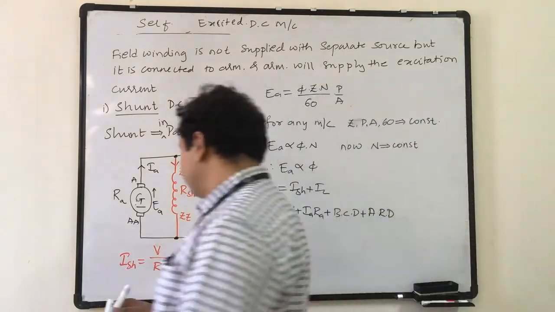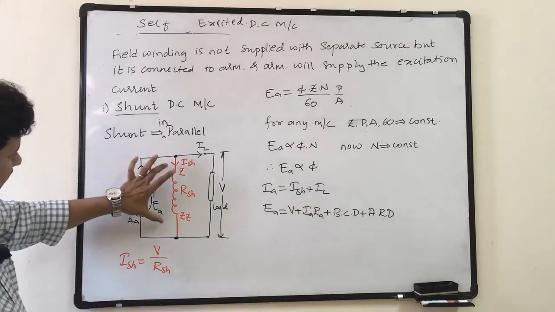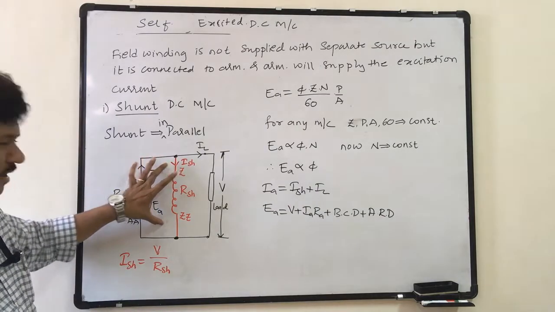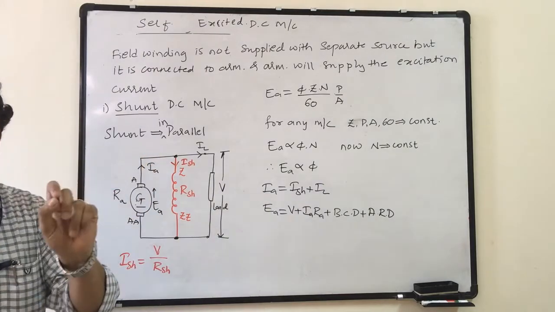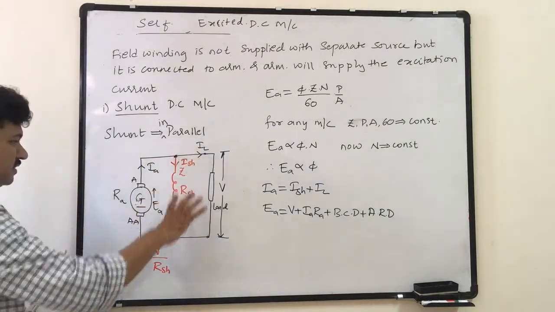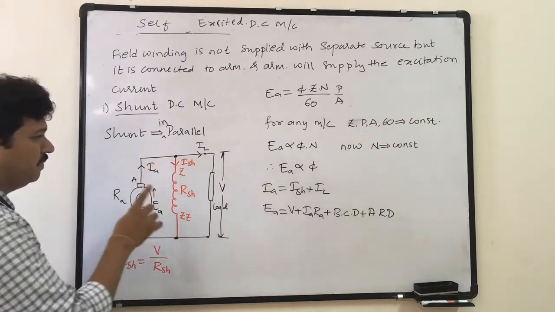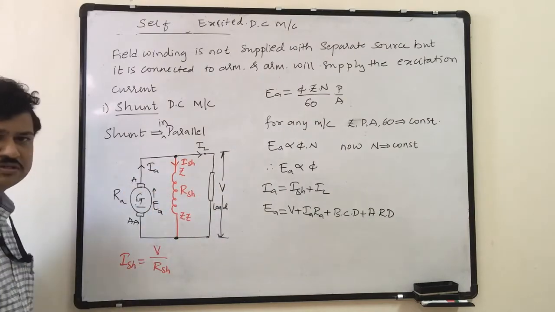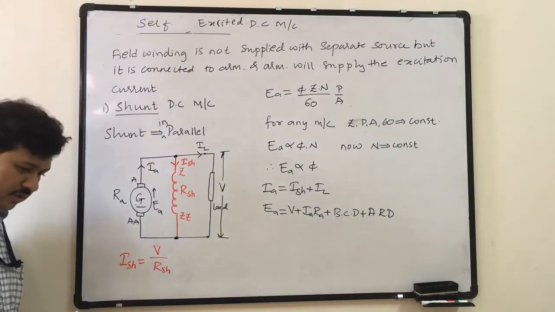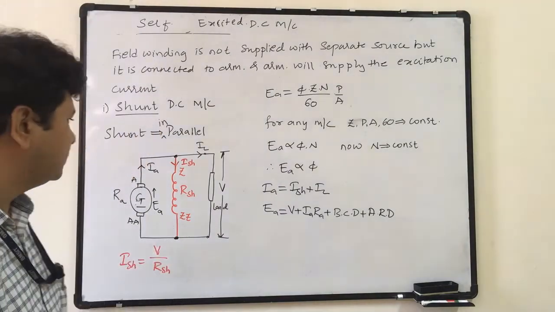If it is a shunt field machine, my field winding comes exactly in parallel with the armature. So the field winding should withstand the complete voltage across it, and therefore it should have a sufficient amount of resistance.